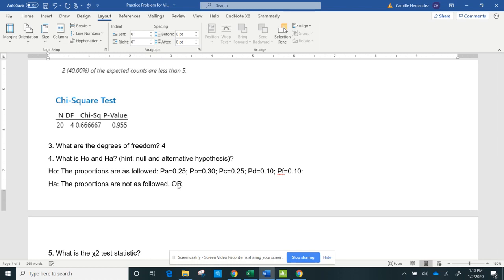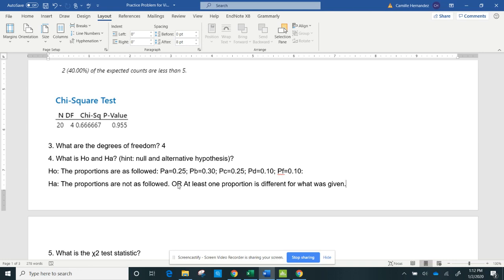Or, here's a huge or, you could do at least one proportion is different from what was given. Okay. Basically, they're saying the same thing. You pick the one that makes sense to you.